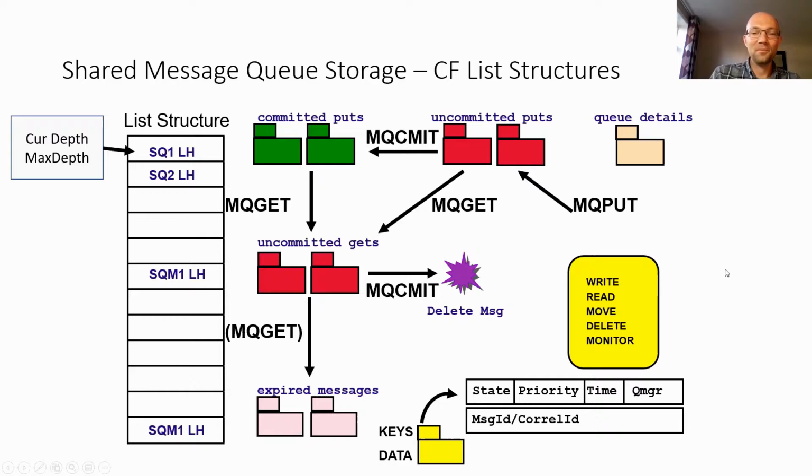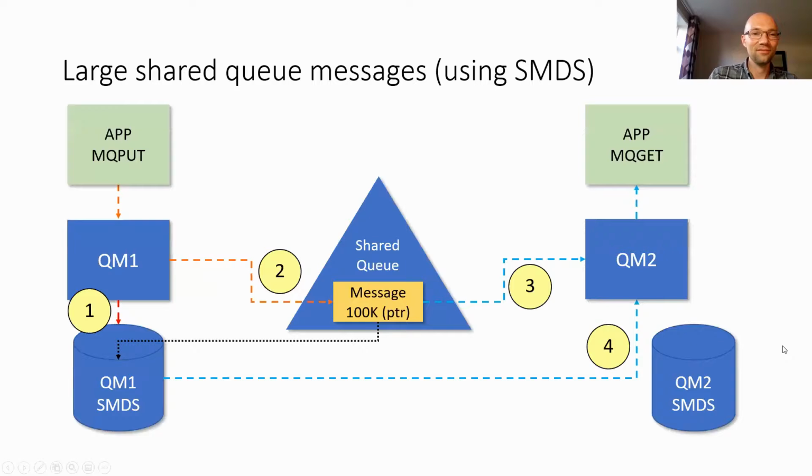There are more complicated ones as well. Also monitoring, for example, that's the last example we have there. That's how we can implement a get wait on a queue, where the queue manager gets notified when something happens on a shared queue, such as a new message arriving.